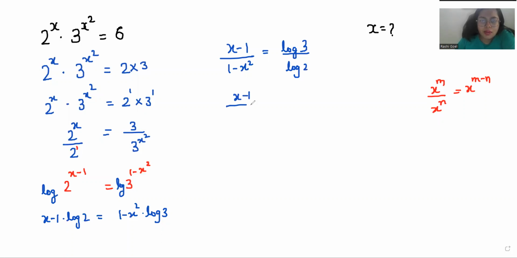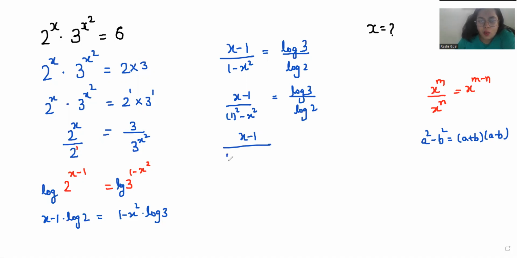Here we can use a very famous identity, that is a² − b², which is equal to (a+b)(a−b). So here a is 1 and b is x. So (x−1) by (1+x)(1−x) is equal to log 3 by log 2.